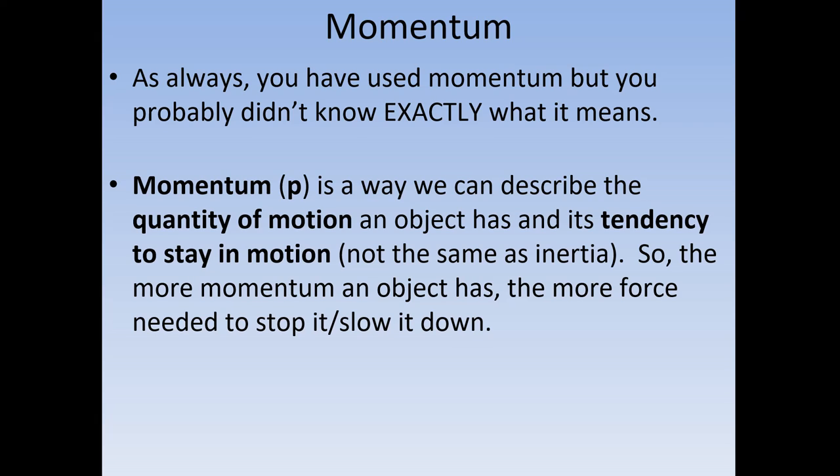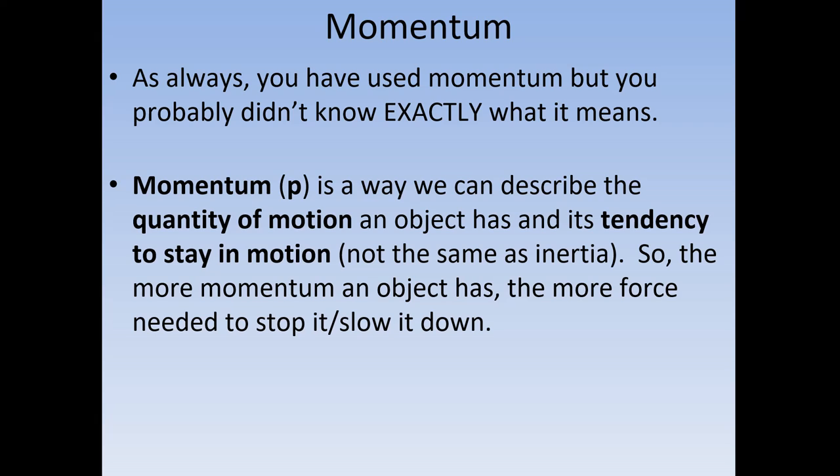But one thing I want to also point out is that this definition is very similar to the definition for inertia. If you recall, inertia was an object's tendency to resist the change in motion. That if an object was at rest, then the object would remain at rest and would require a decent amount of force.